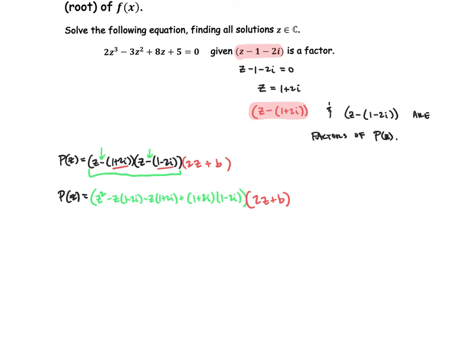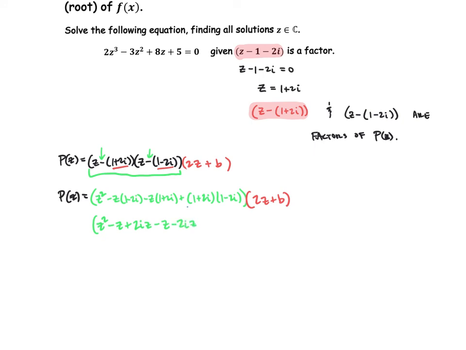We'll figure out b in just a moment. Let's continue with the green portion here. That's going to be z squared minus z plus 2iz minus z minus 2iz.